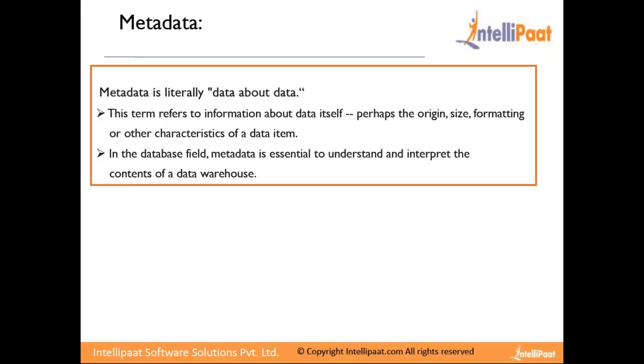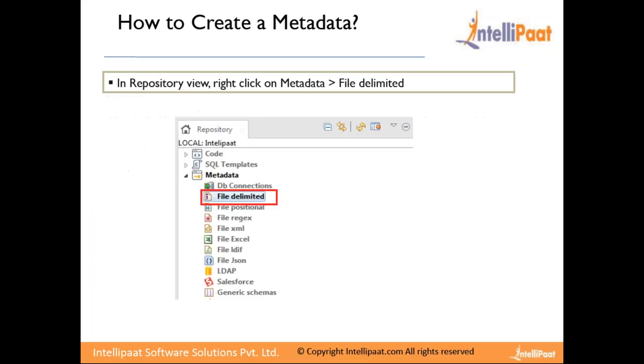So in database fields, the metadata is essential to understand and interpret the content of the data warehouse. This means that by seeing only the metadata of a database, you can easily understand which table is storing which type of data, and what the properties of that data are.